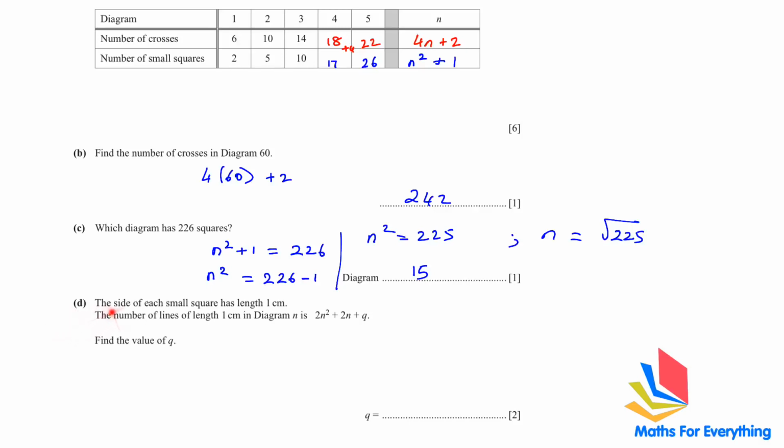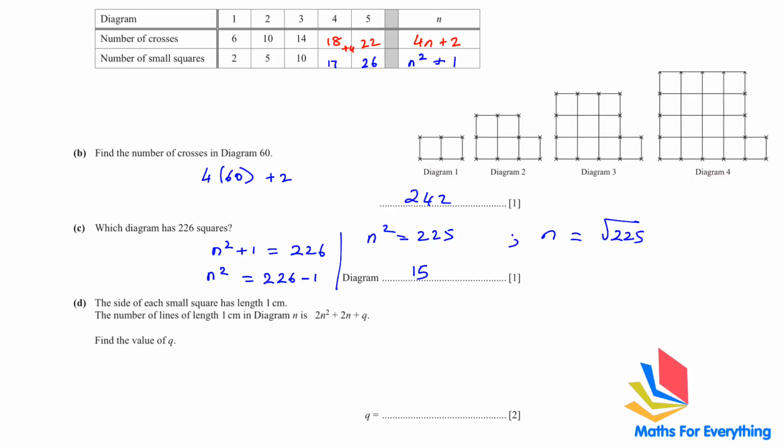Part D. The side of each small square has length 1 centimeter. The number of lines of length 1 centimeter in diagram n is 2n square plus 2n plus q. Find the value of q. For this, we will have to look at the diagram again.